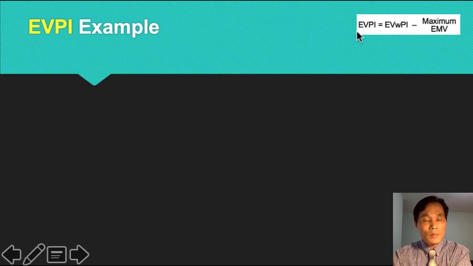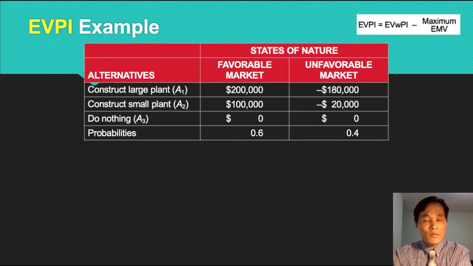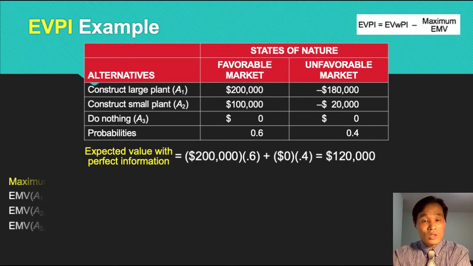EVWPI and EVPI are two different things, so I emphasize that you don't want to be confused. However, to derive EVPI, you have to first understand how to get EVWPI. EVWPI is the value with perfect information. Given that you have perfect information, what would you do in that situation?